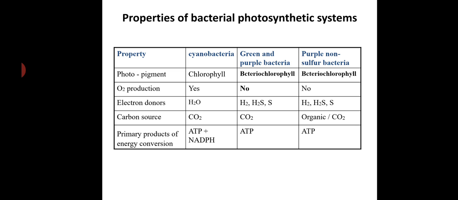For green and purple bacteria, the carbon source is also carbon dioxide, whereas for purple non-sulfur bacteria, the carbon source is organic or carbon dioxide. The primary product of energy conversion in cyanobacteria is ATP plus NADPH. In green and purple bacteria, ATP is the primary product of energy conversion. That is also the same in purple non-sulfur bacteria.